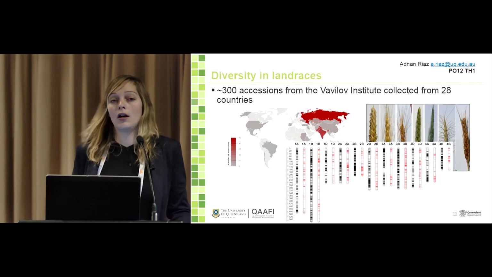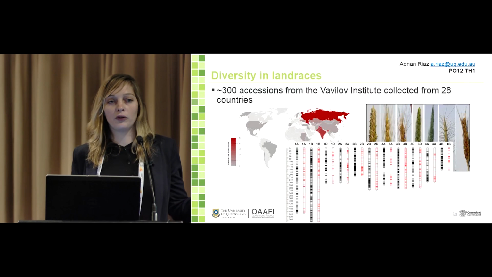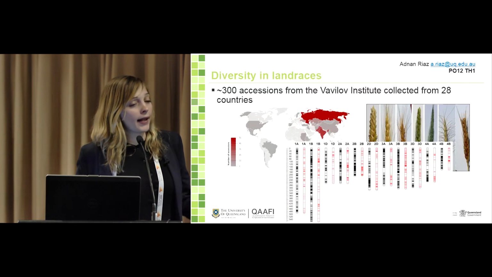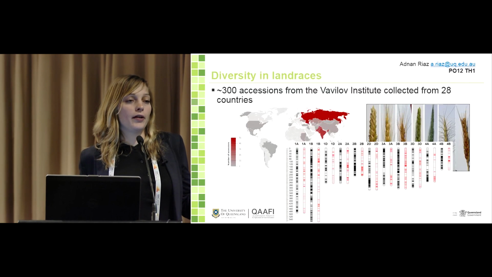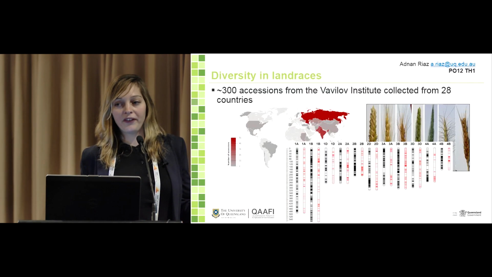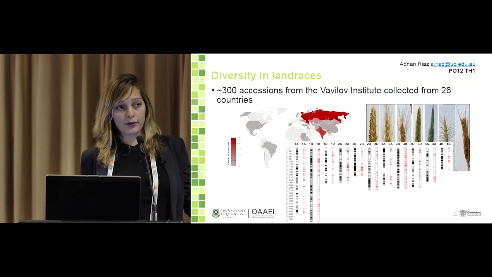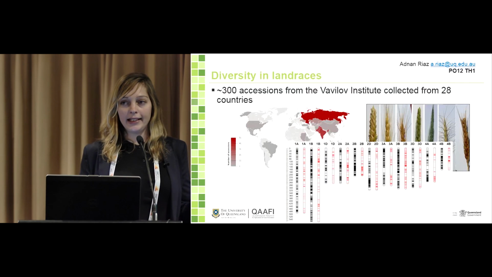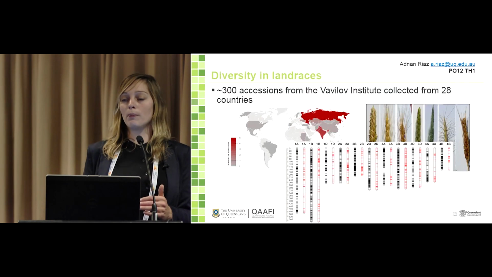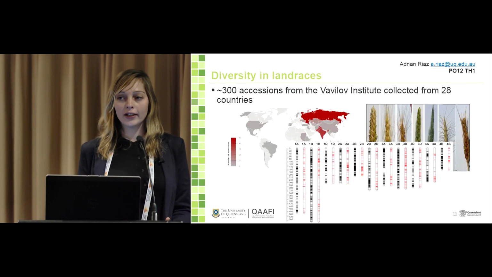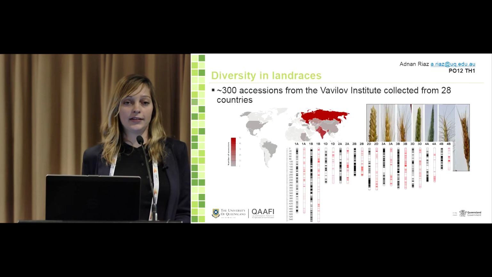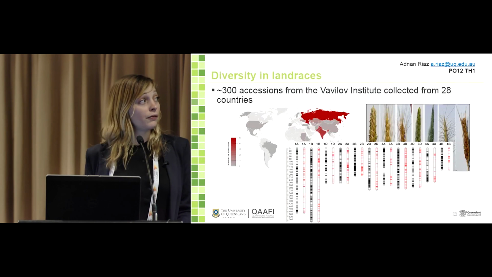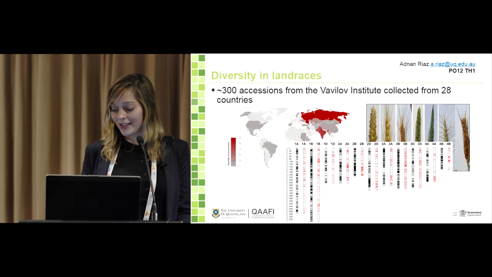This map represents only the first 4 chromosomes, but in black are the markers that are polymorphic in both the landraces and a panel of Australian cultivars, and in red are the markers that are polymorphic only in the landraces. So it shows that in theory we should have a really good source of new genes.